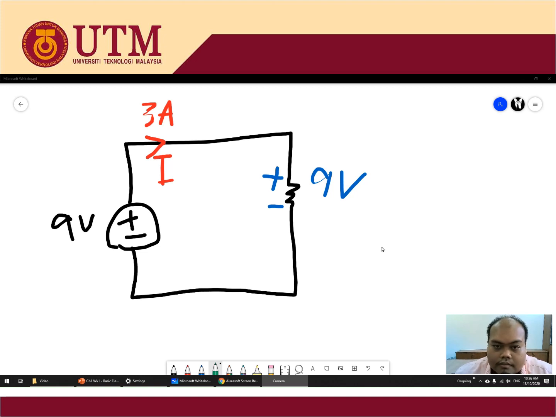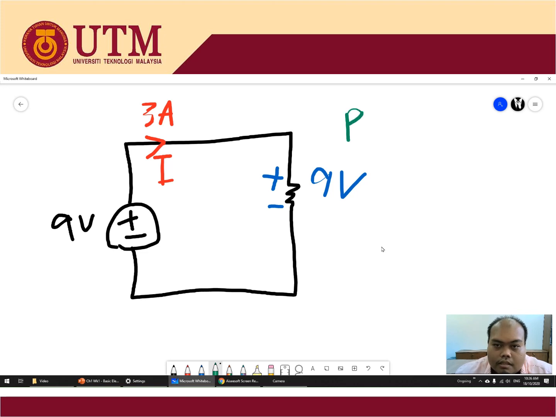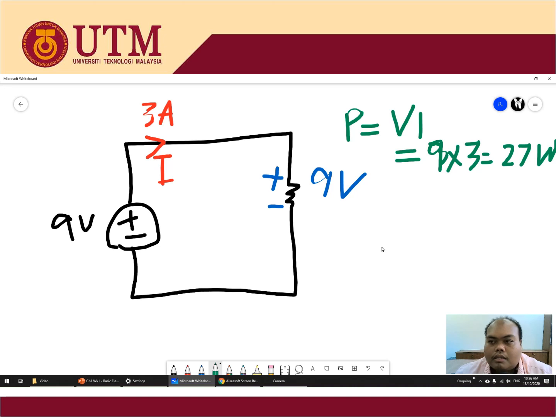As you can see here, P equals VI. The current is 3, this is 9 volt, so 9 multiplied by 3 is 27 watt. But for this part, the current goes out from positive, so you cannot use this.